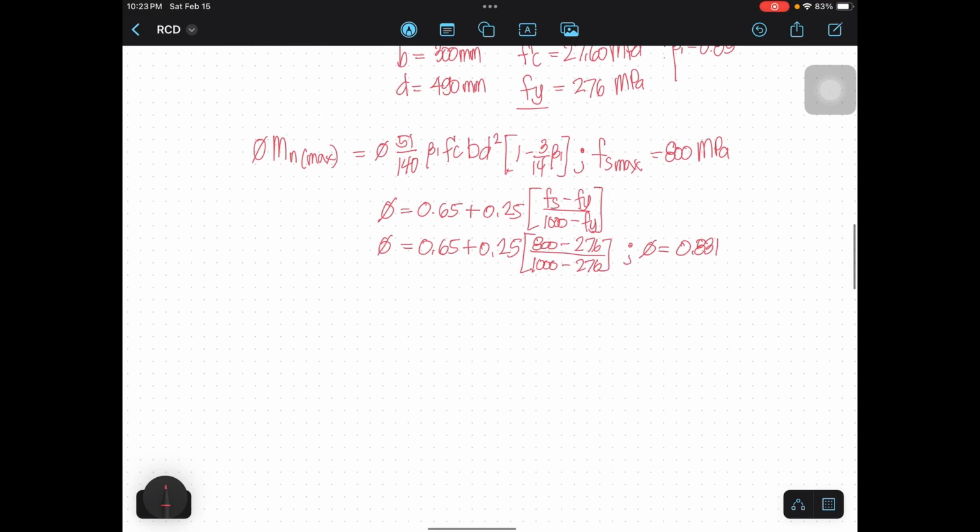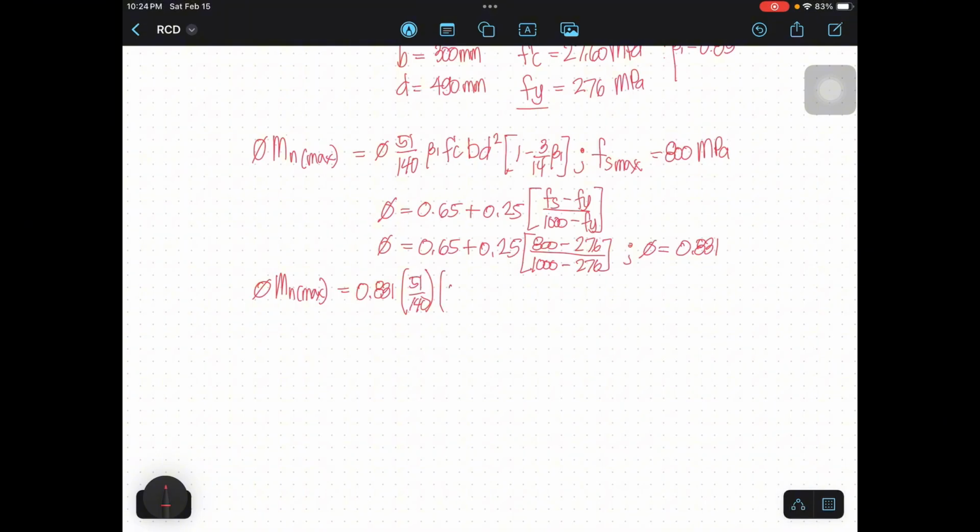Okay? So since kompleto na yung mga given, substitute natin yung value to determine the maximum moment capacity. So Mn max is equals to the reduction factor of 0.831 multiplied by 51 over 140.